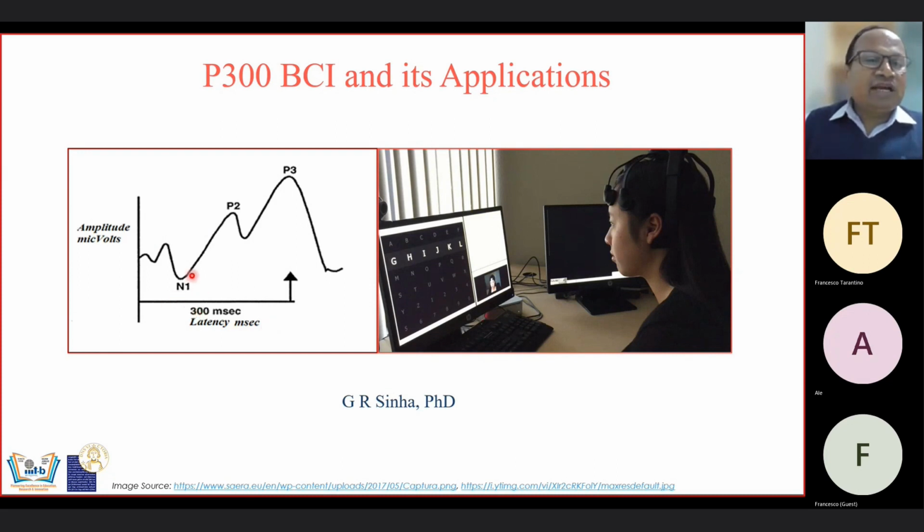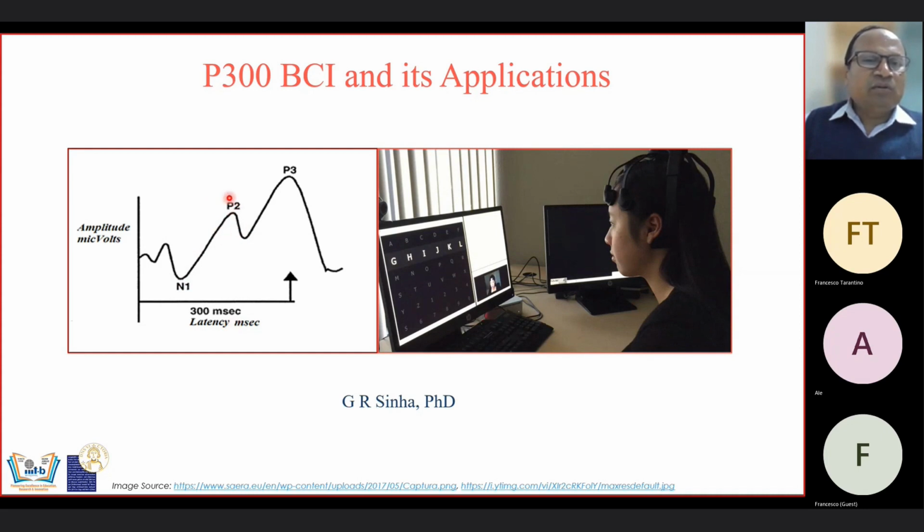So you can see here N1. I hope you understand the meaning of N1. This N1 is the first significant negative peak after 100 milliseconds. The next peak is coming here, and that is after 200 milliseconds.